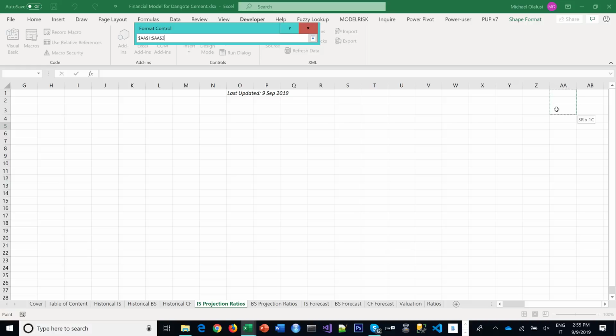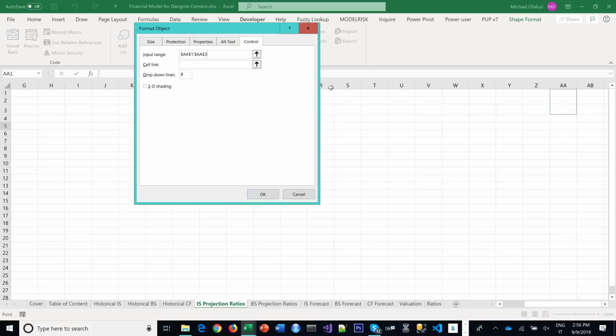So I want to give you three options. So let's say I put them here. Then cell link, whatsoever you pick, I want it to be reflected here. So I can say it should only make it possible for you to see three options at once, like drop down lines, three items.